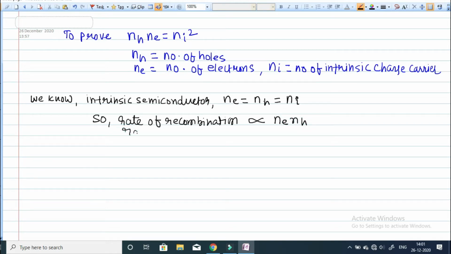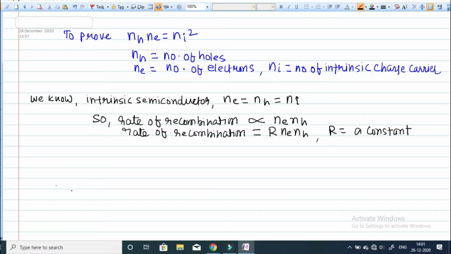And when we remove this proportionality, rate of recombination is equal to R into Ne into Nh, where R is a proportionality constant. So this is the result for intrinsic semiconductor.